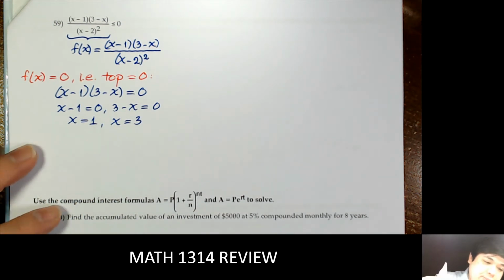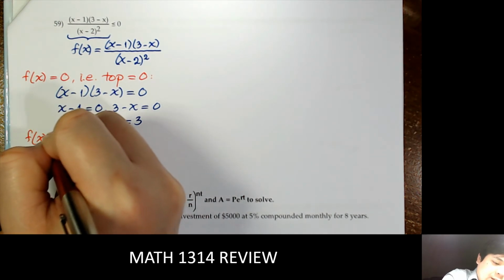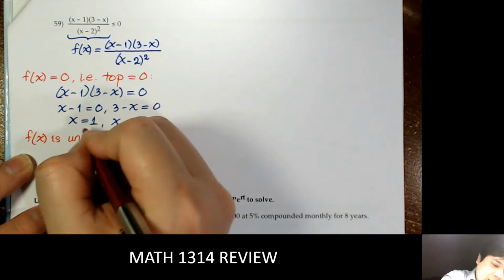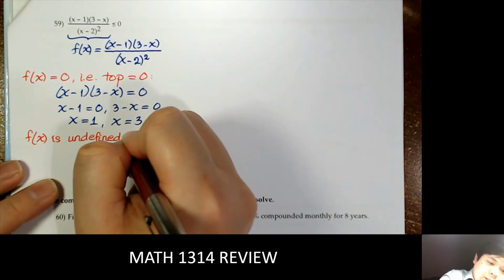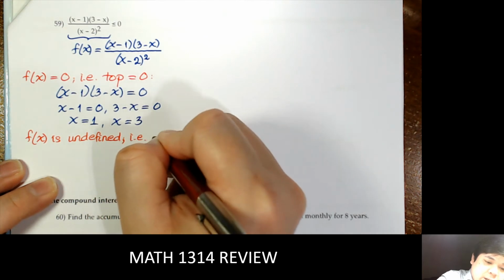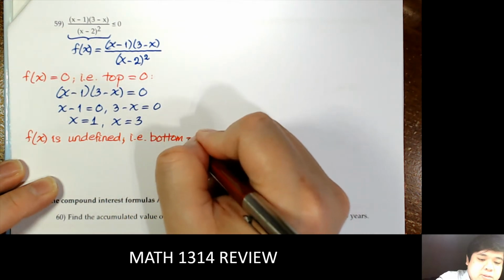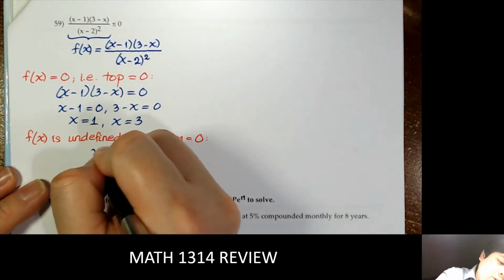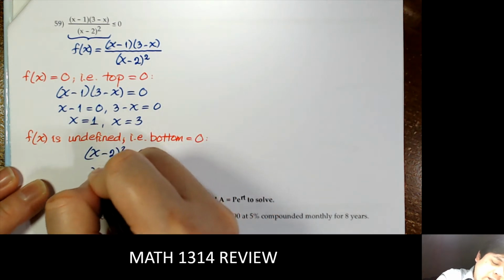Right. Next, the function is undefined. Meaning the bottom is equal to 0. So x minus 2 squared equal to 0. X equal to 2.